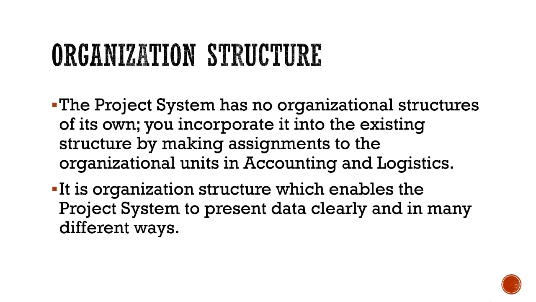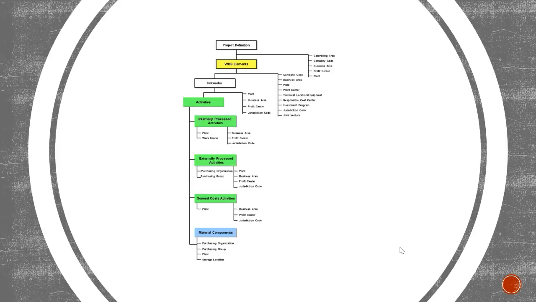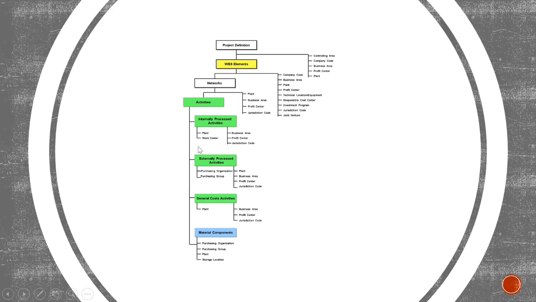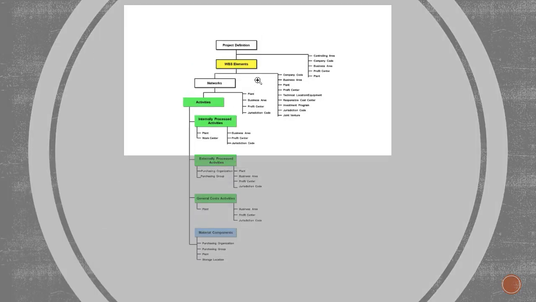From that point of view, this organization structure enables the project system data to be presented in many different ways. So that's how organization structure is used in the project systems. Let me show you the organization structure, and here we can easily identify the project structure also. I'll just zoom in for better visibility.